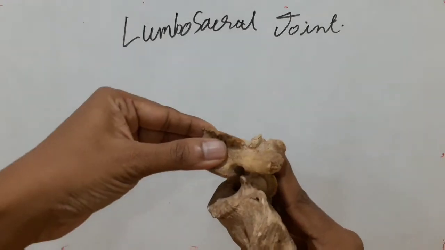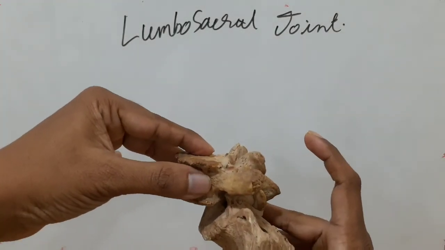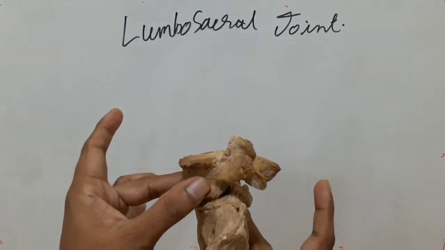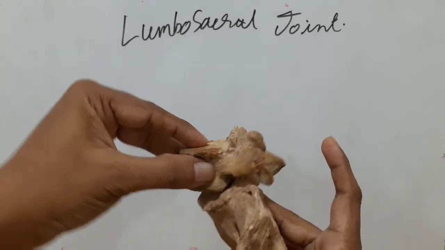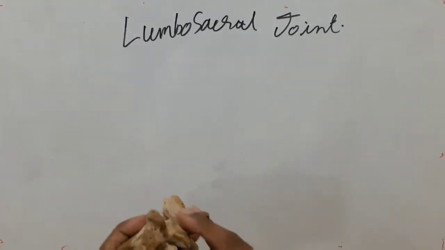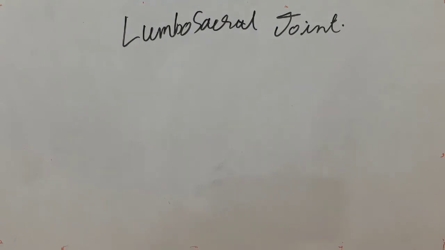Anything more than this will cause spondylolisthesis. Anything less will become like this. So the normal angle is 30 degrees. Maybe if I show it in a diagram, it will give you a good picture.